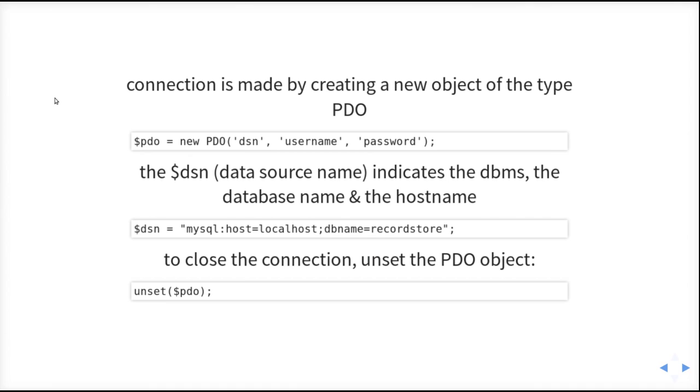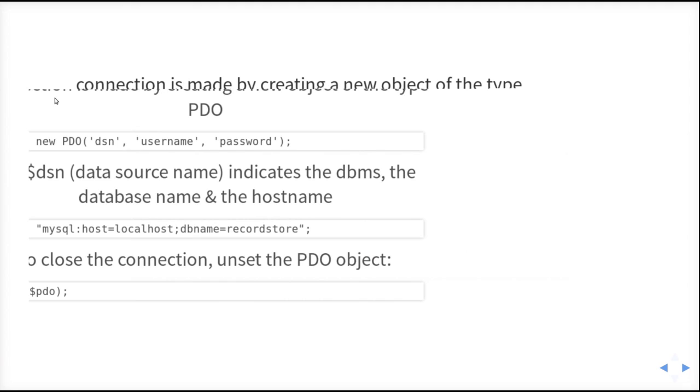In other words, as you can see, that it is a MySQL database, that is locally hosted, it's on localhost, and that its name in this case is the record store. Now we need this database handle, this $PDO, in order to have a connection to the database itself from our PHP program. Without that, we're going nowhere.